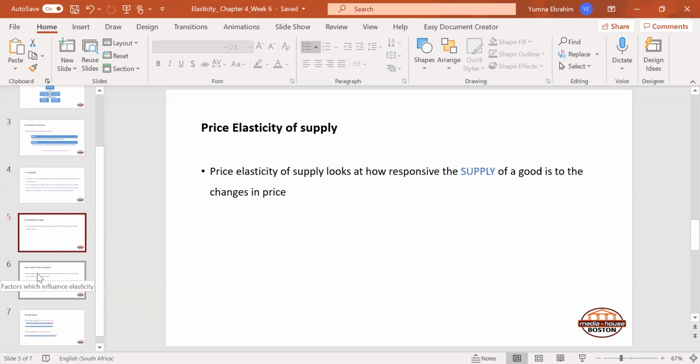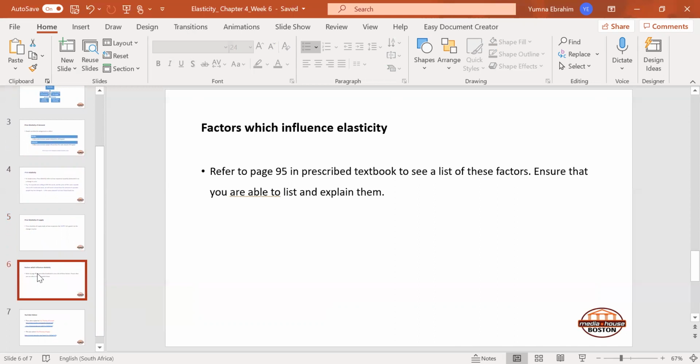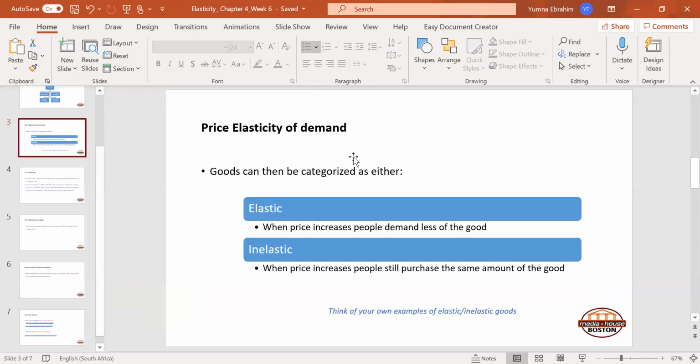Today is about introducing the main concepts. We're also going to look at factors which influence elasticity: what makes a good more elastic or less elastic? Once we've looked at price elasticity and done a calculation, we can categorize a good as either elastic, meaning it's responsive to changes in price, or inelastic, meaning it's not responsive.